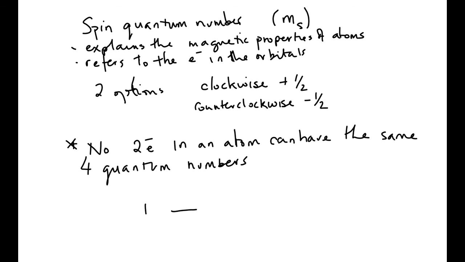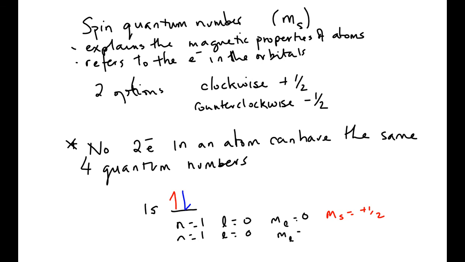Let's say this is the 1s orbital: n equals 1, l equals 0, m_l equals 0. So all that tells us is that this is a 1s orbital. If you have 2 electrons, one spins up, one spins down. One has an m_s value of plus 1/2, and the other one has an m_s value of negative 1/2. So they have 4 unique numbers.